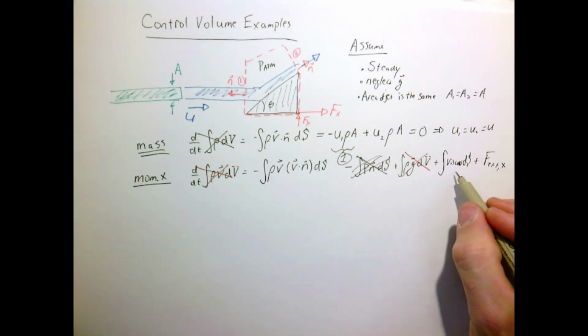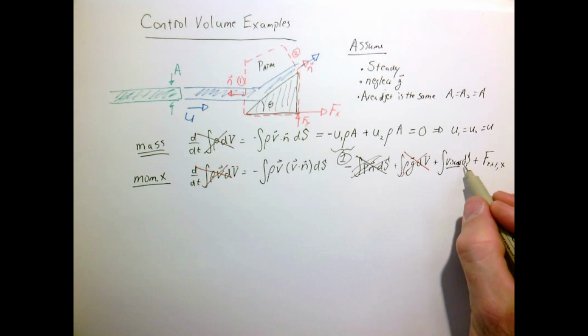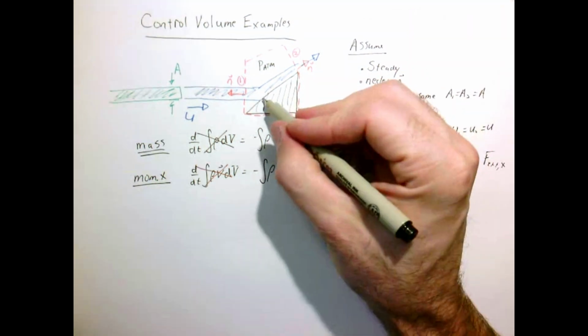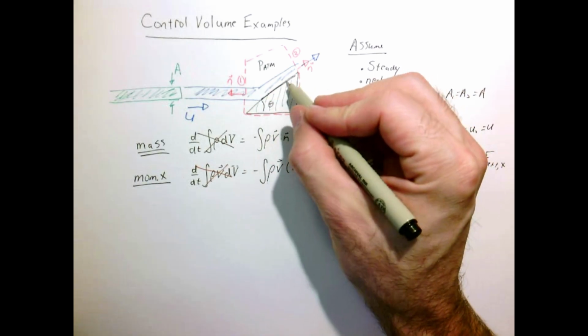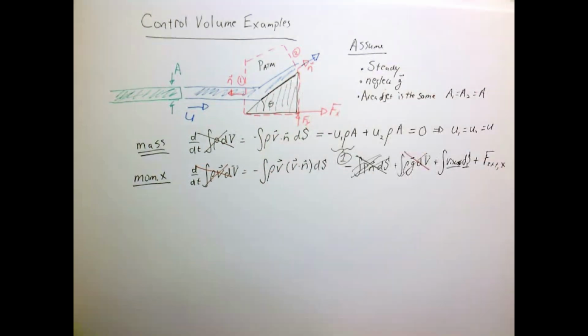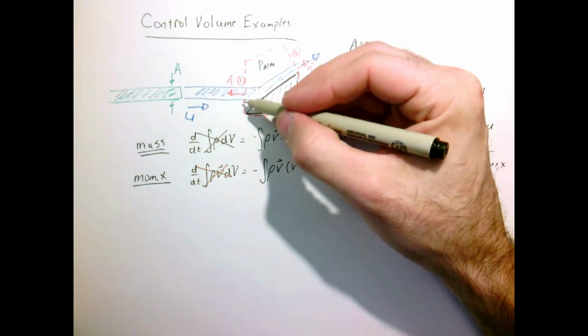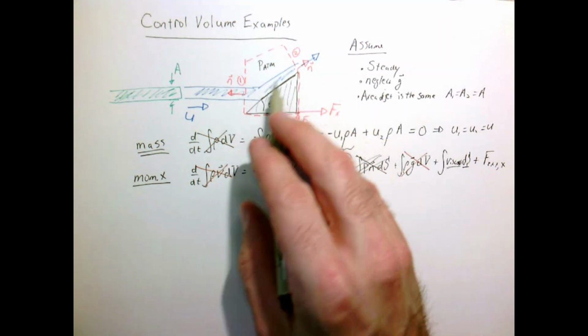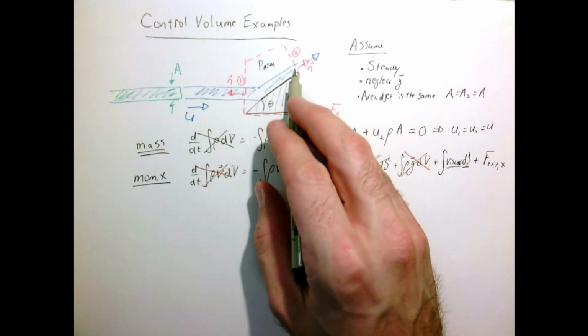However, these are the viscous stresses evaluated on the boundary dS. So we know that all the viscous stresses, if there were any to worry about, would be located along this surface. And so what I'm going to do is say, let's cut our boundary here and here. In that case, there would actually be no viscous stresses at this location and this location.